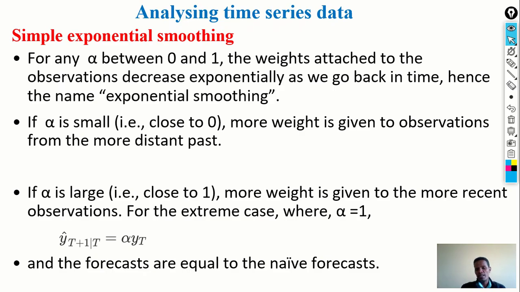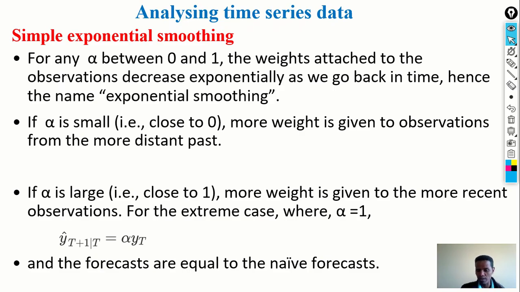For the extreme case, if alpha, the smoothing constant, is 1, then the forecasted future outcome will be exactly the value of the last observation. Why?